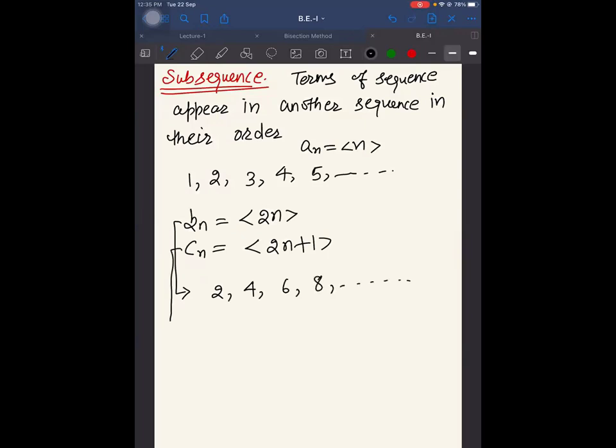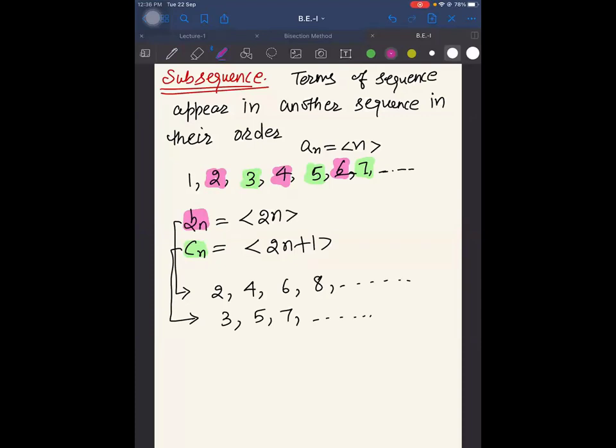What about cn? 3, 5, 7, 9, 11. We didn't break the order or change the order. This is your bn and this is your cn. Is it okay?